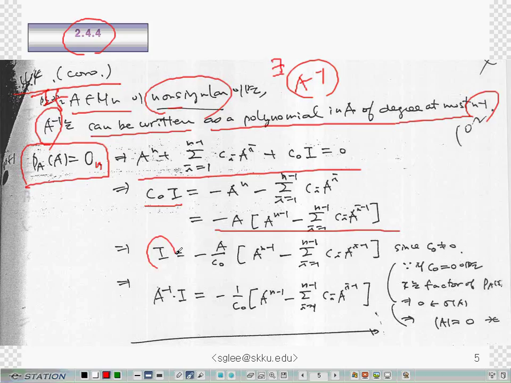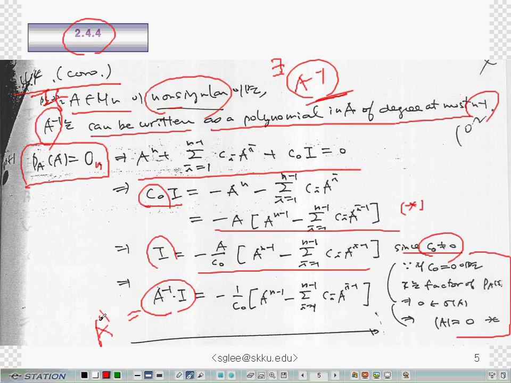So we multiply and, okay, we can divide this by C naught because C naught is not equal to 0. There's a reason, and A inverse exists. So A inverse can be written as this.